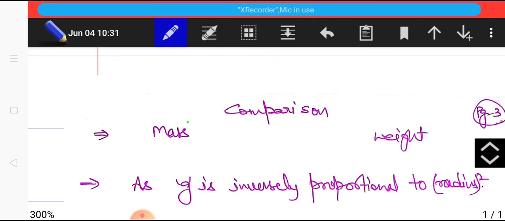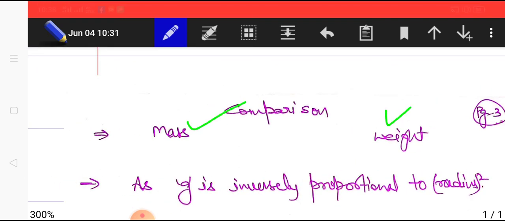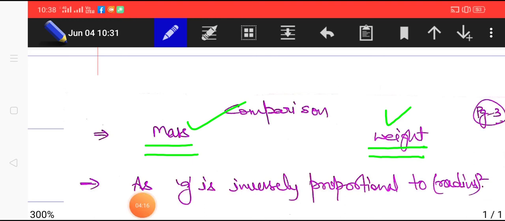Then there is a comparison between mass and weight. Dear students, mass is a scalar quantity while weight is a vector quantity. Mass remains constant throughout the universe while weight changes from planet to planet. And mass is the measure of quantity of matter.